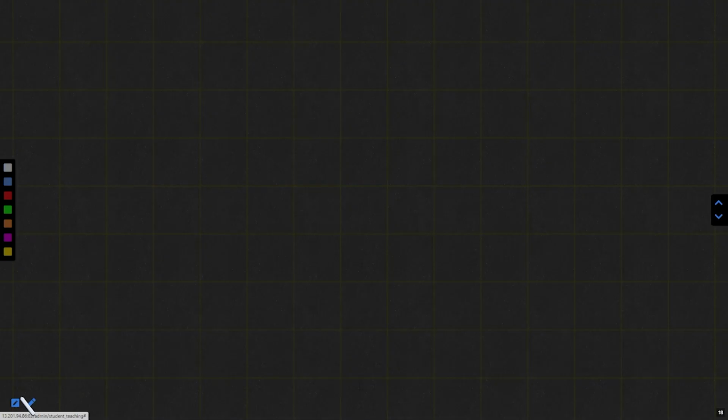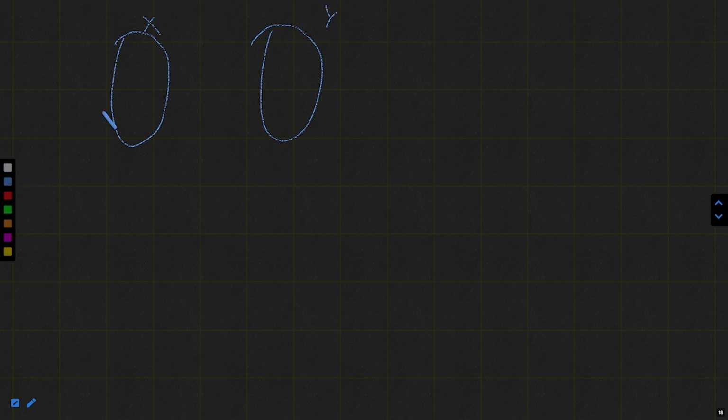Let's see what we mean by all of this from a picture. So this is my set X, this is my set Y. So x1, x2, x3, suppose these are the elements from the domain set, and y1, y2, y3 and y4 are the elements from the codomain set.